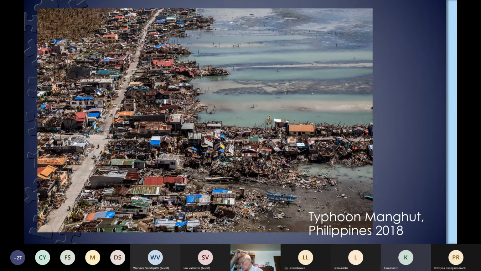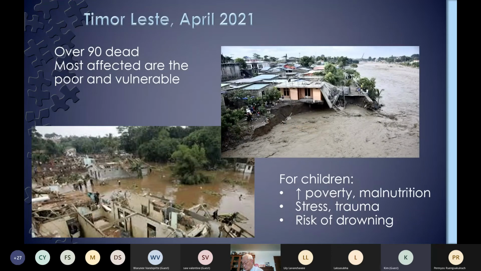And of course, we have to then imagine what happens to children who are living in settings like this, not just during the typhoon, but in the years to follow that. In Timor-Leste last year, and this hardly hit the news even, there was also another major storm with over 90 people killed.